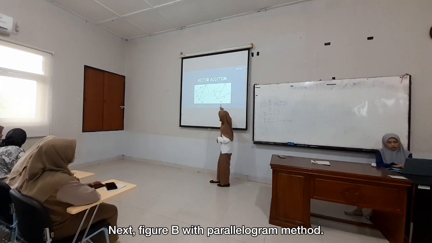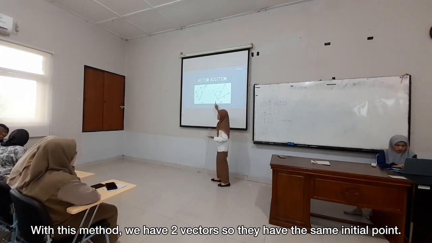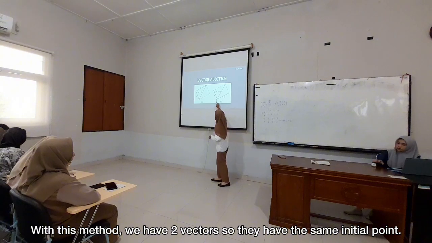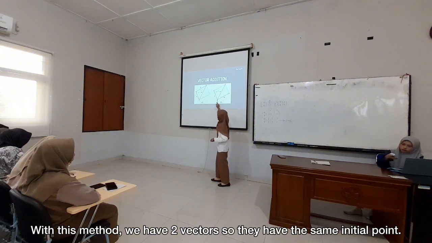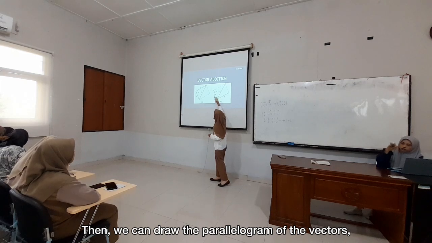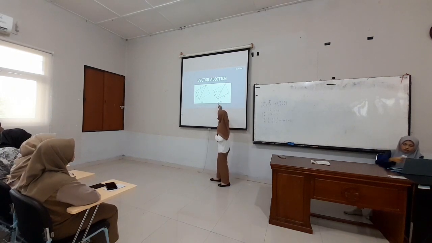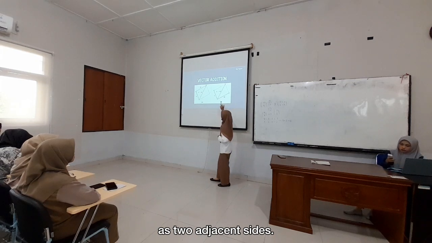Okay, next figure B with parallelogram method. With this method, we have two vectors, so they have the same initial point. Then we can draw the parallelogram with the vectors as adjacent sides.